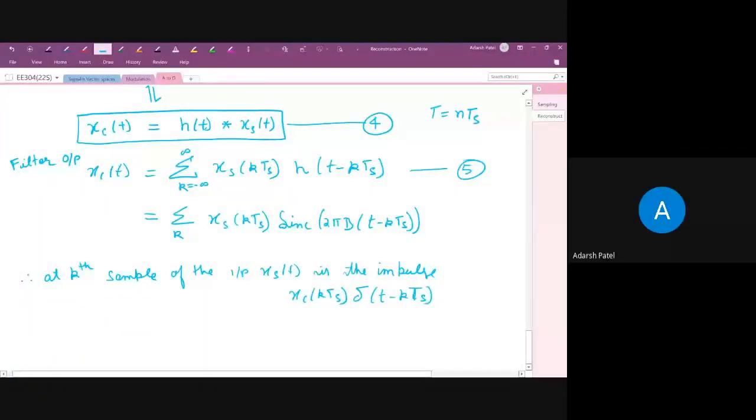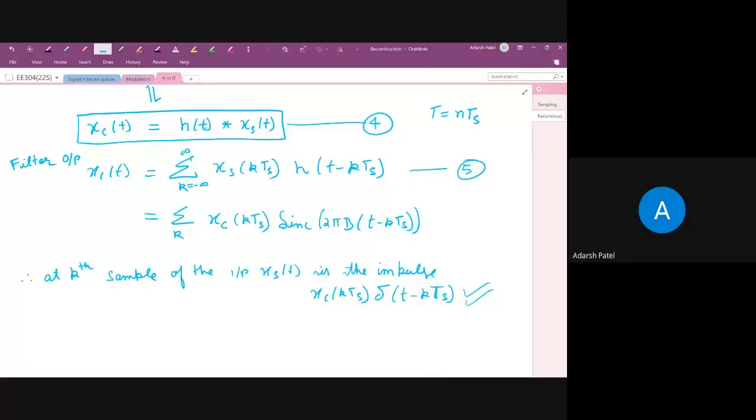So this is again going into the mathematics, but this is fairly simple. x_s(t) is nothing but x_c times delta of t minus kT. So in that sense, we can replace x_s by x_c(kT_s), which I said earlier, because this is an impulse sitting at nT_s, and at the rest of the places, this is 0.